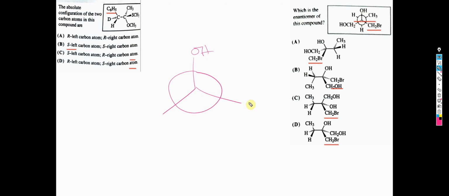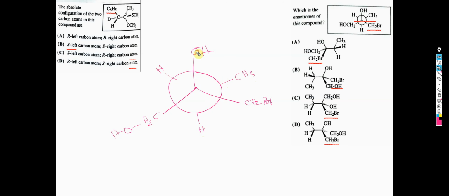OH, CH2Br, and then CH2OH. On the carbon atom in the back, you have a CH3 and 2 hydrogens, which means that the carbon on the back is not a chirality center. We have only one chirality center here.